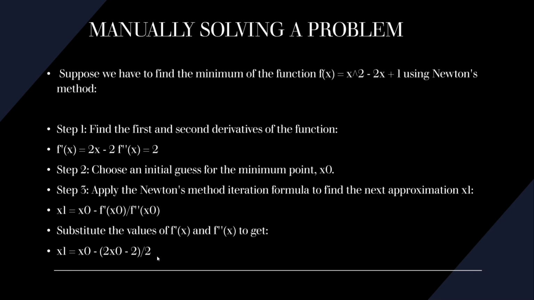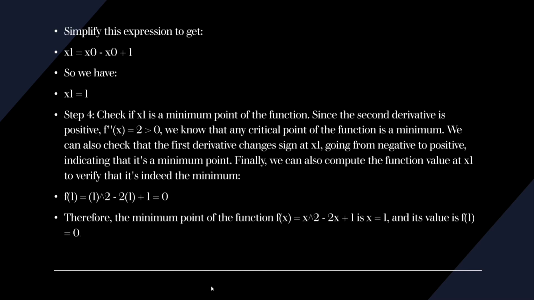If they are not equal, then we continue the process up to n number of iterations until the values become equal. Here the iteration process stops at the second iteration, because the second guess value is the same as the first one. So its minimum value is 0.